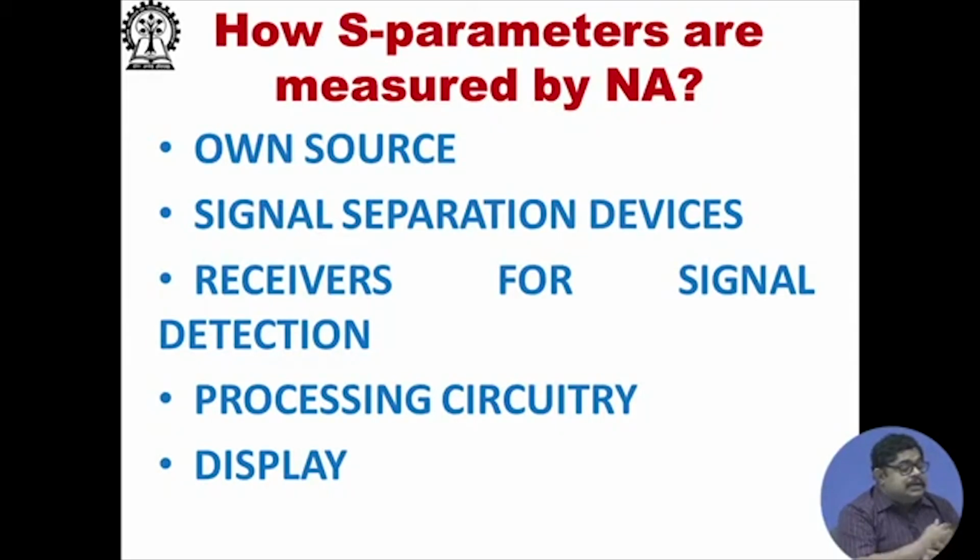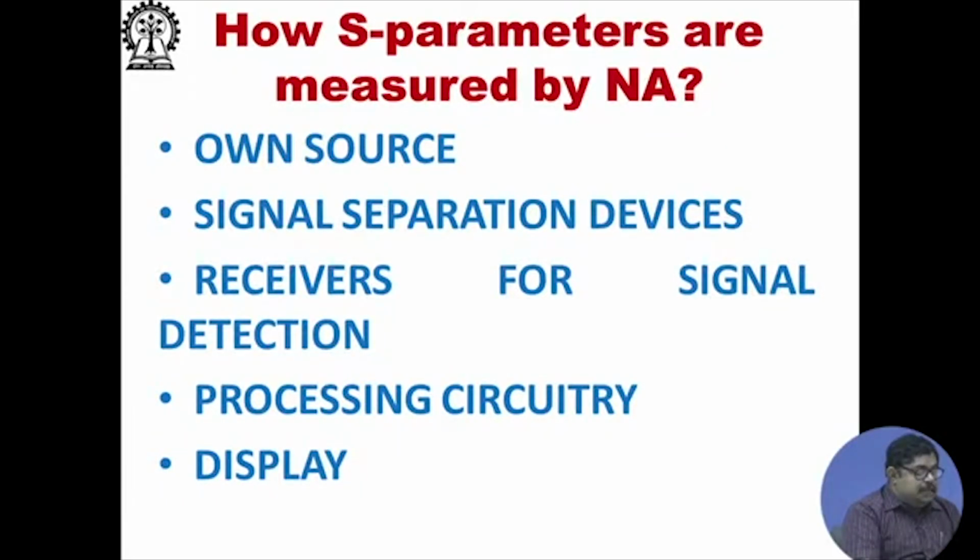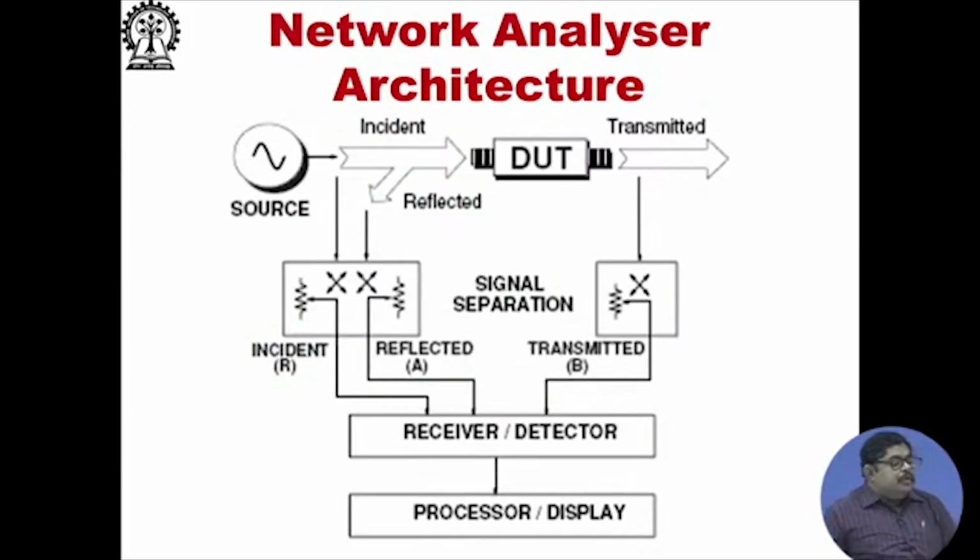It also has signal separation devices. I said that it has some directional couplers by which it can separate those signals. Then it has receivers for signal detection, a number of receivers, and it has processing circuitry and a display. This is the network analyzer architecture.